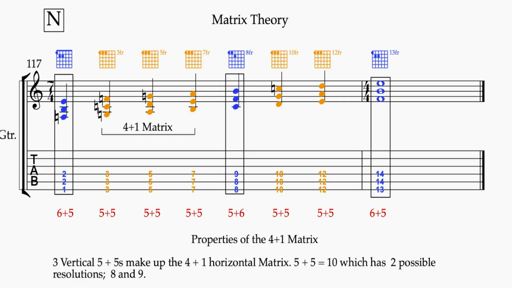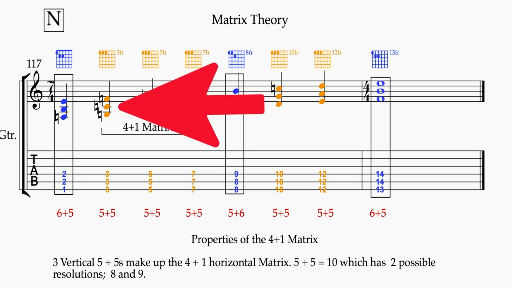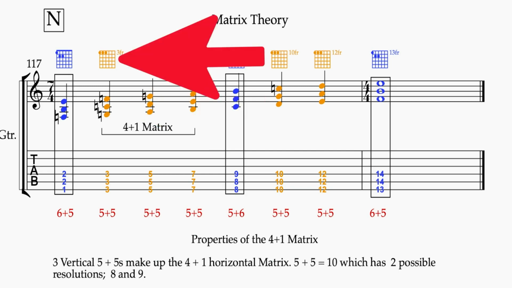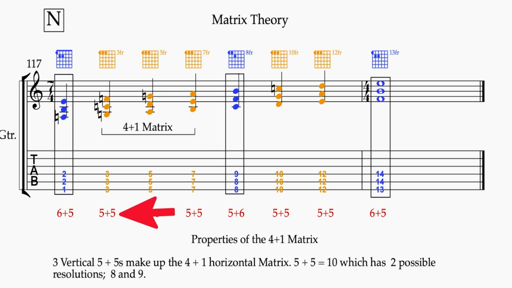Okay, so the next structure is a 5 plus 5. And this is the secret, because what we're going to talk about today mostly is the 4 plus 1 matrix, this set of 3 5s. And you can see up here, it's the same structure, correct? And it's 5 plus 5. That means that there's a distance of 5 between each of these notes. And on the guitar, let me show you where that lies.